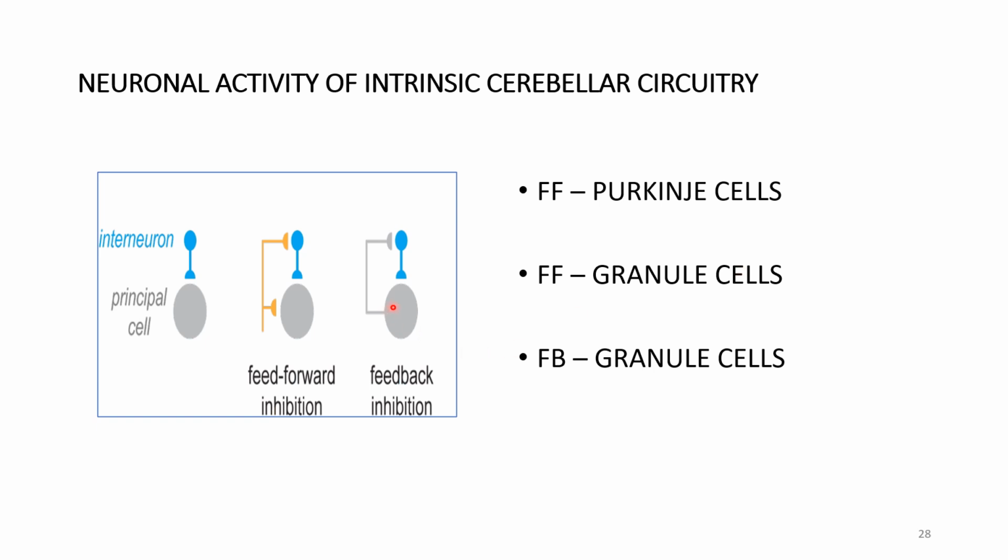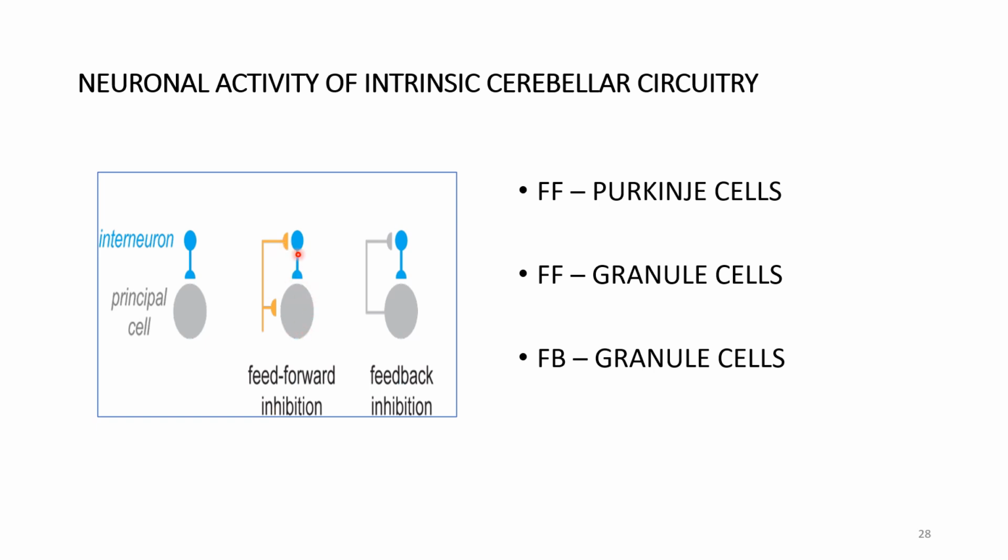So in feedback inhibition, what is happening? The neuron which gets activated will inhibit the neuron which is activating it. For example, the granule cell. And in feed forward inhibition, one neuron will activate both this and this, but this blue neuron will inhibit the gray neuron.